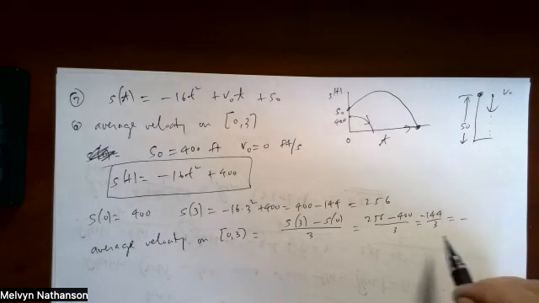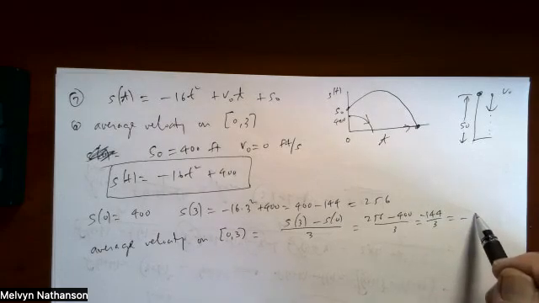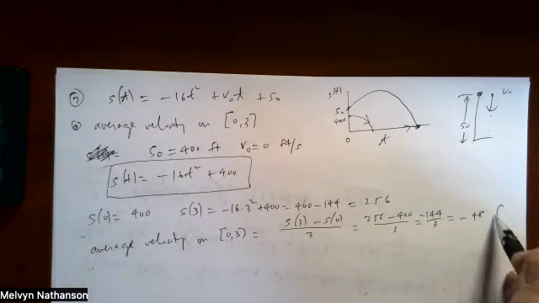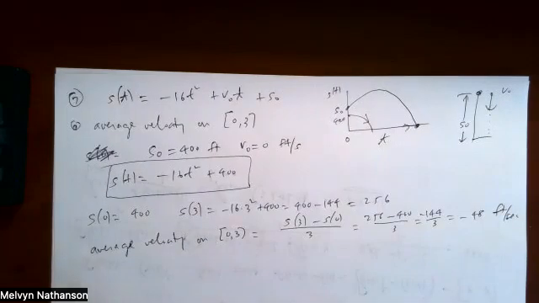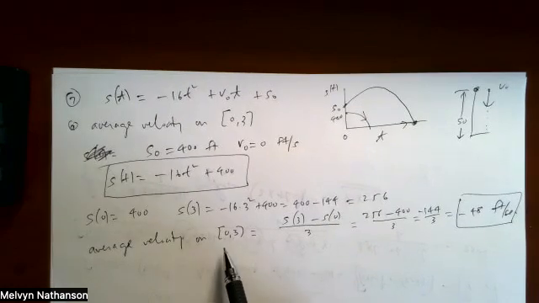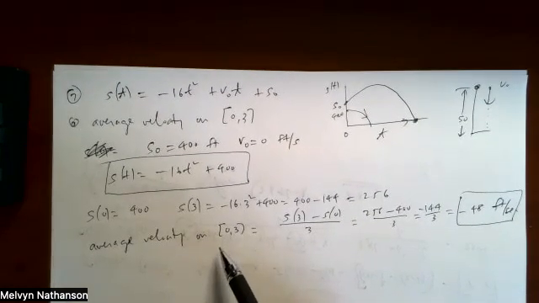So this is minus, what's 3 into 144? 3 into 14 goes 4, 48, I believe. So minus 48 feet per second is the average velocity over this interval of time.